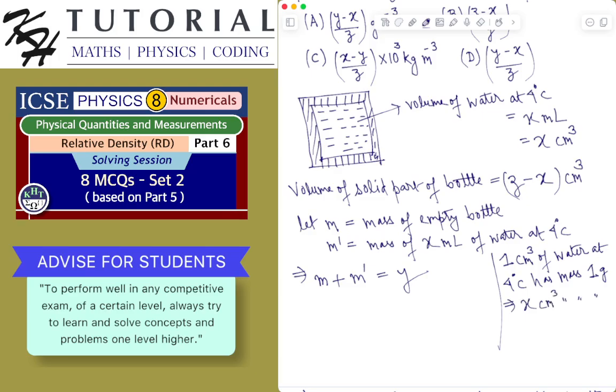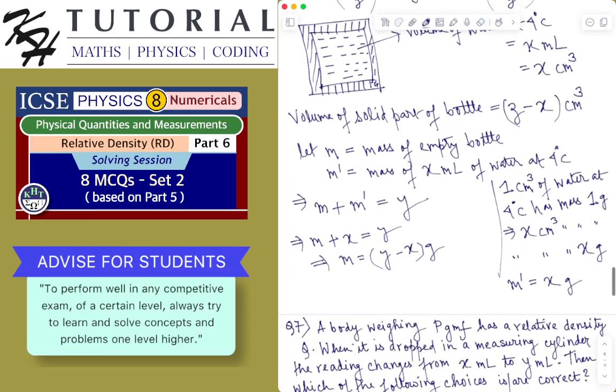So x centimeter cube of water at 4 degrees centigrade will definitely have a mass of x gram. So in this problem m dash is nothing but x gram. So this implies small m plus x is equal to y, which implies small m is equal to y minus x. This much gram is the mass of the empty bottle.